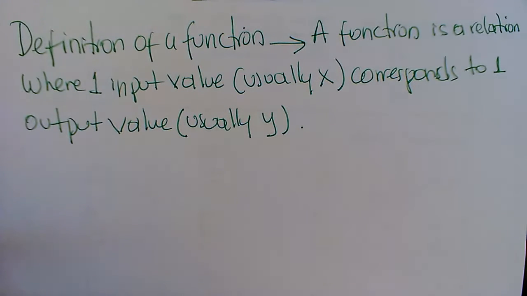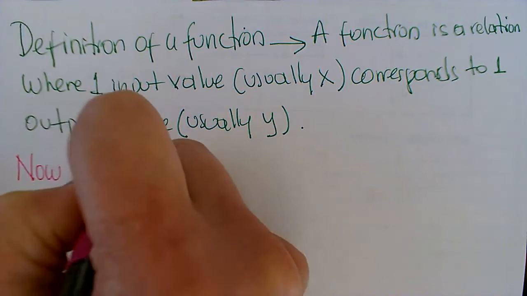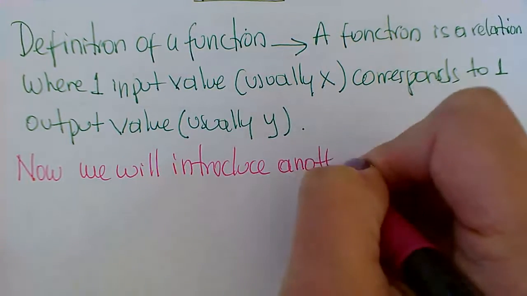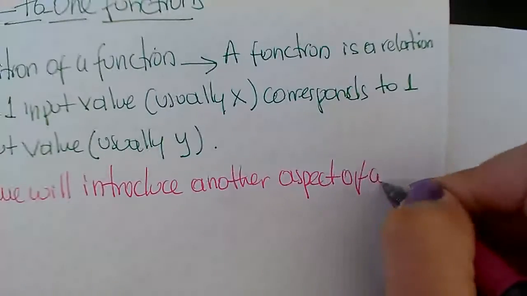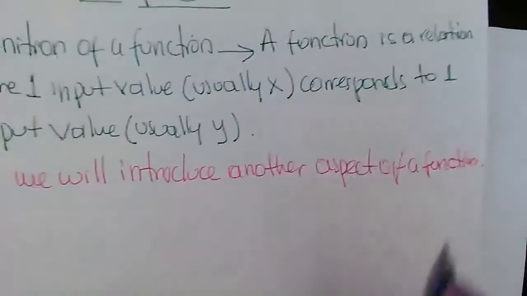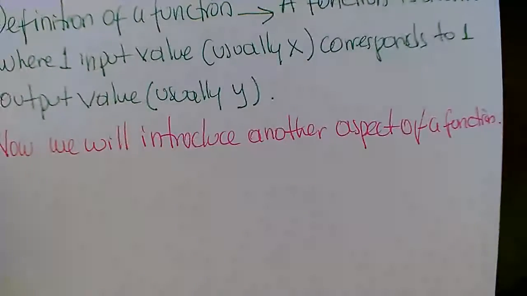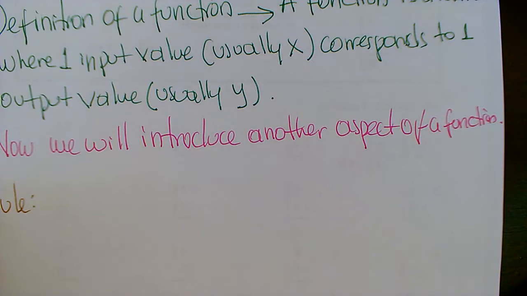It says a function is said to be one-to-one if each input value corresponds to one output value.